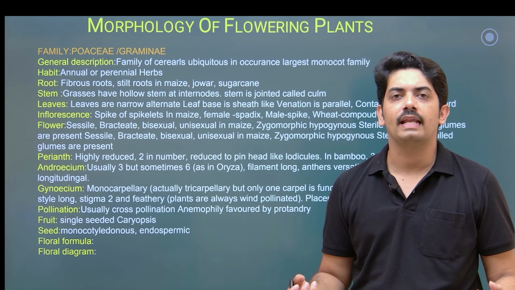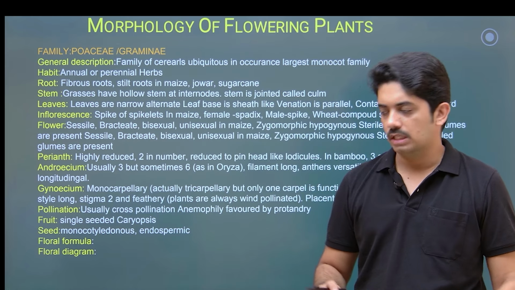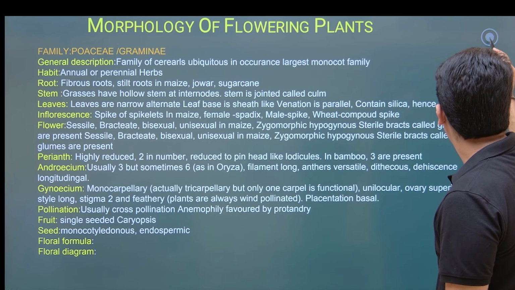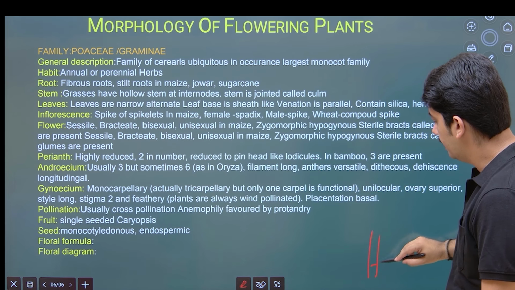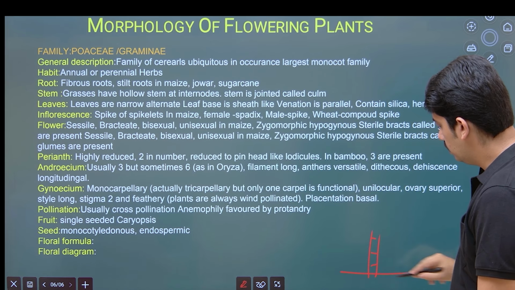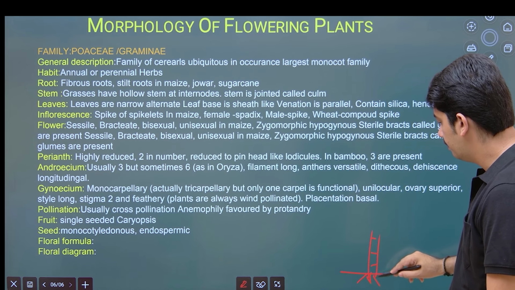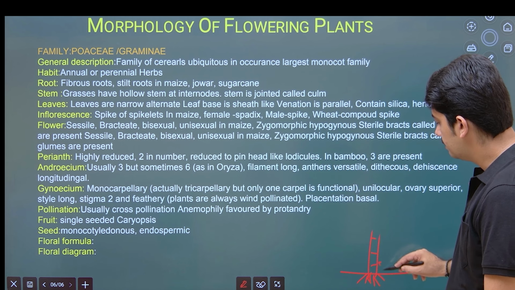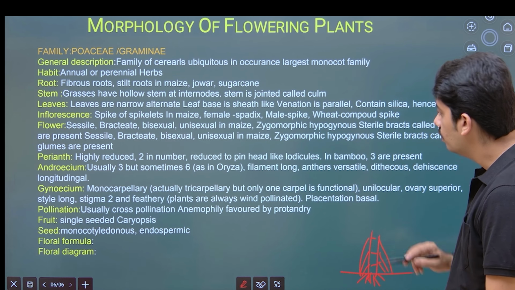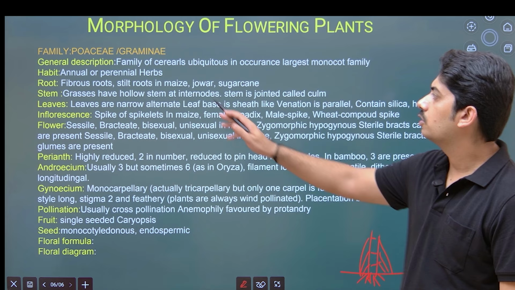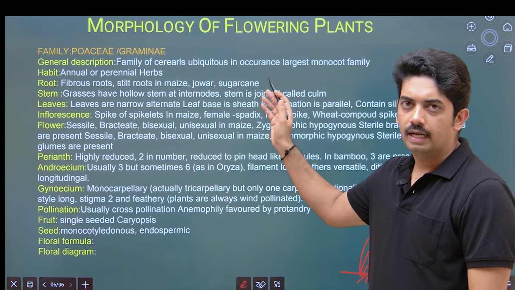Those roots reach the soil and give the support. In simple words, I can draw one diagram here. This is the upper part of the maize. So the lower part, here it has a well-developed root system. Here these parts produce roots like this. Okay, this we call stilt root in maize, jowar and sugarcane.